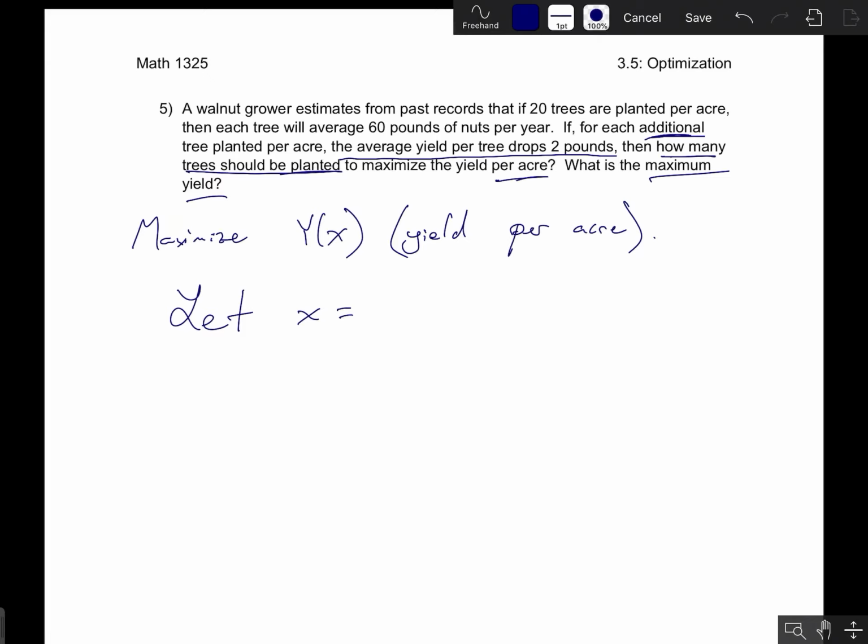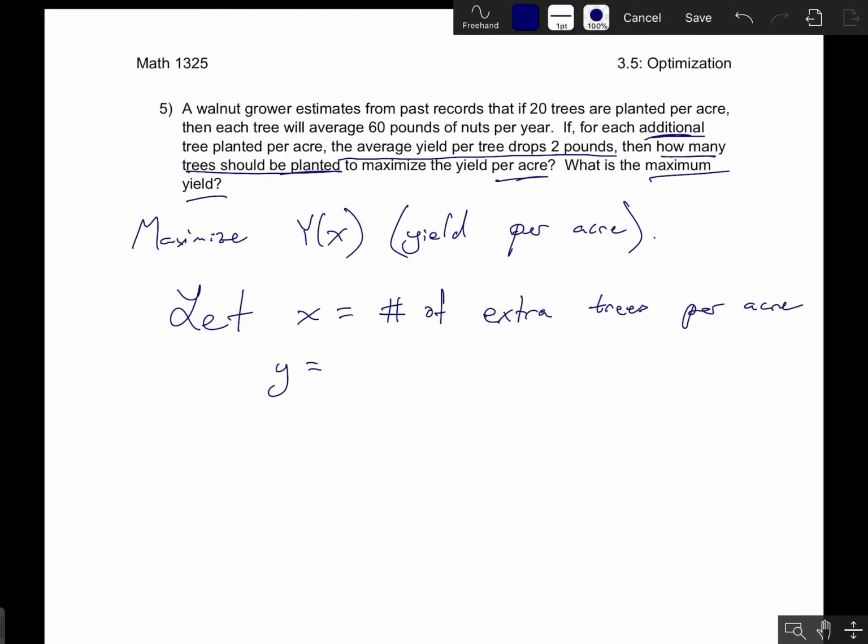So I'll just let X represent that number of extra trees that we plant. So X is going to be the number of trees past 20 per acre.